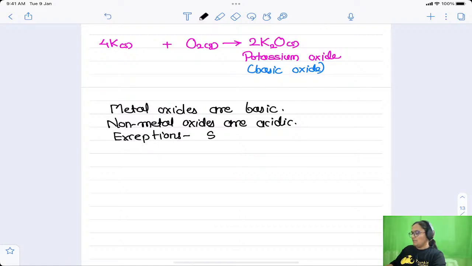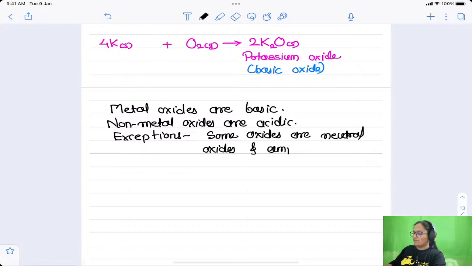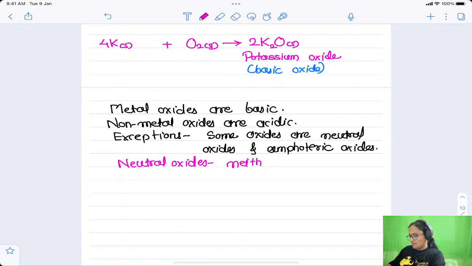Some oxides are neutral oxides and amphoteric oxides. Neutral oxides are neither acidic nor basic, right?